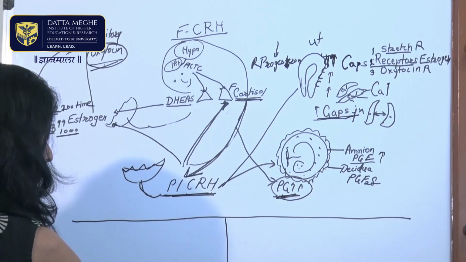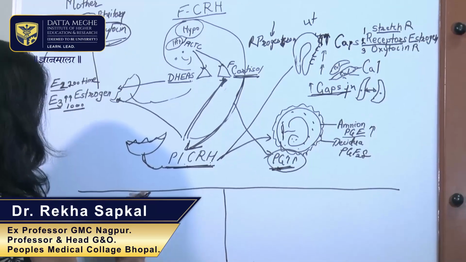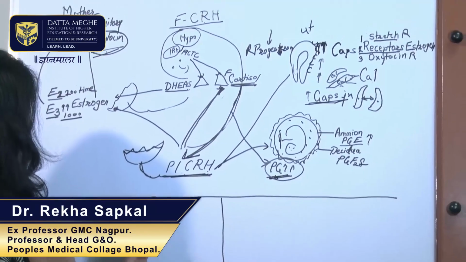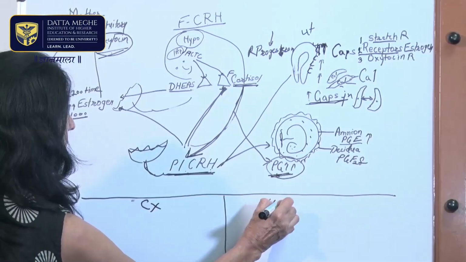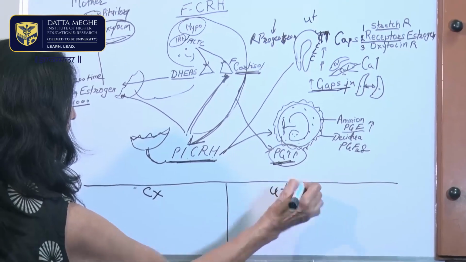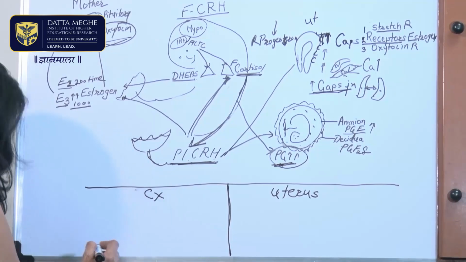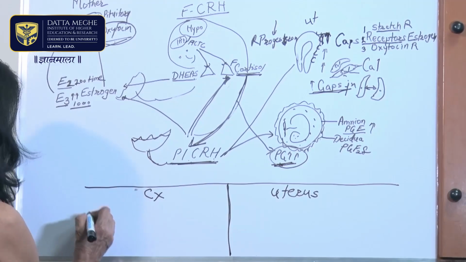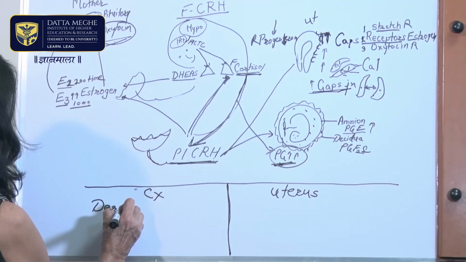Next we will learn a little bit of uterus, cervix here first. So, initially there is ripening of the cervix, and on the uterus there is formation of the lower uterine segment in the activation phase of labor. What is that activation phase? We will discuss it later on. This dermatan sulfate is there in the stroma of the cervix.